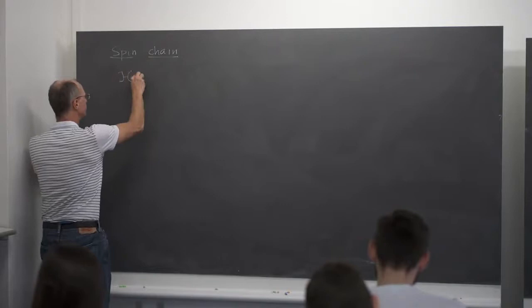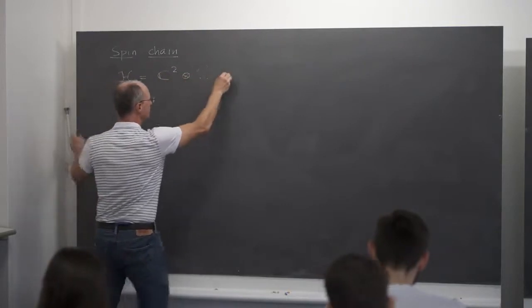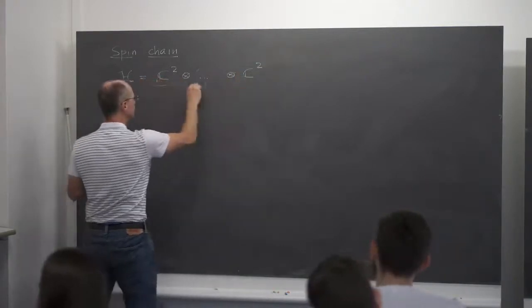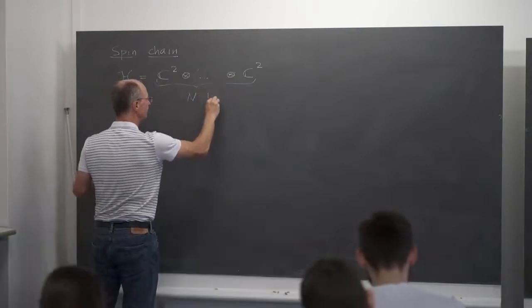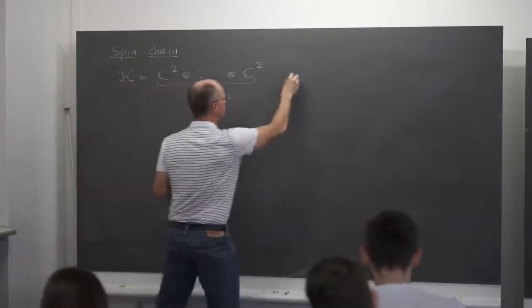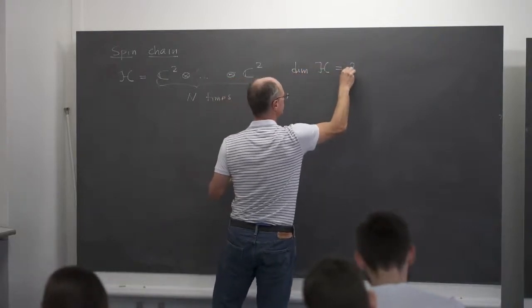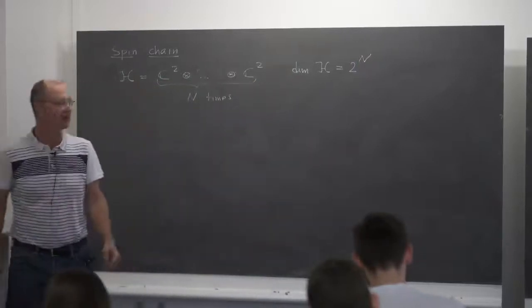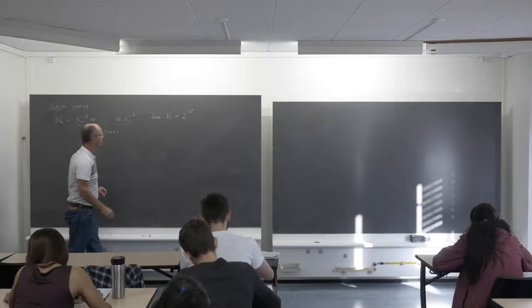So first of all, now the Hilbert space is finite dimensional, but this dimension can be pretty high. So the dimension of H is 2 to the power n, where n is the number of sites of the chain.